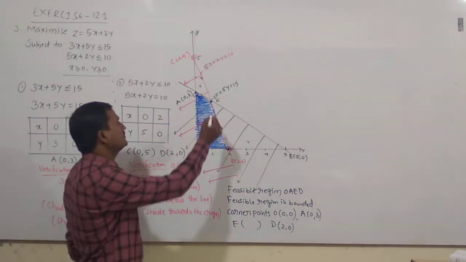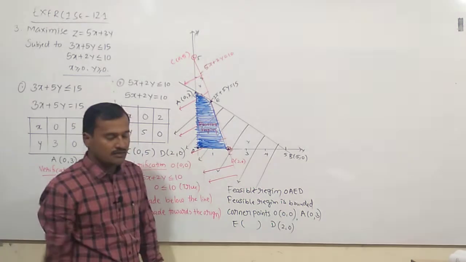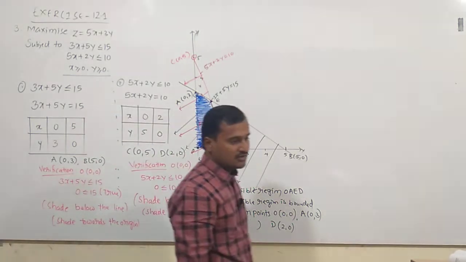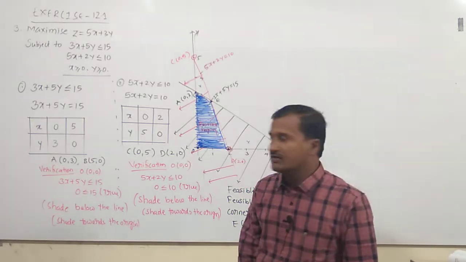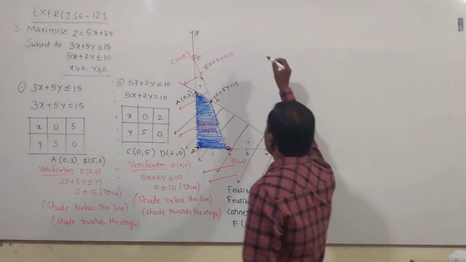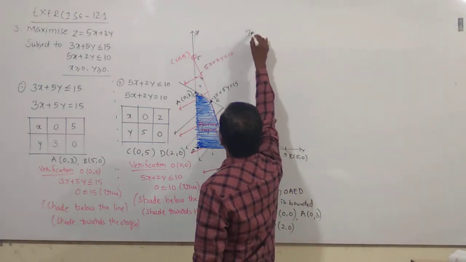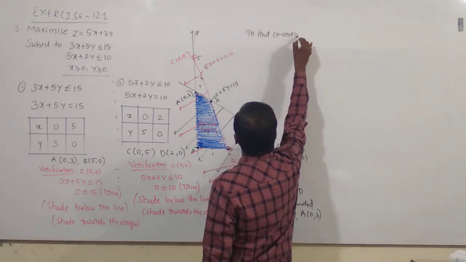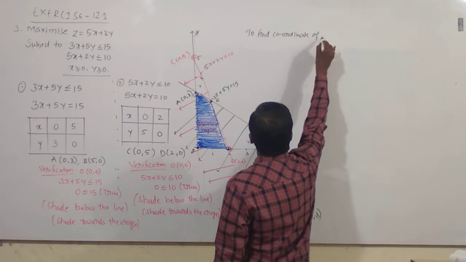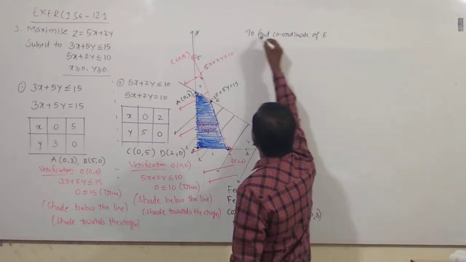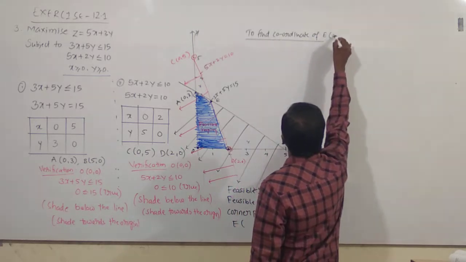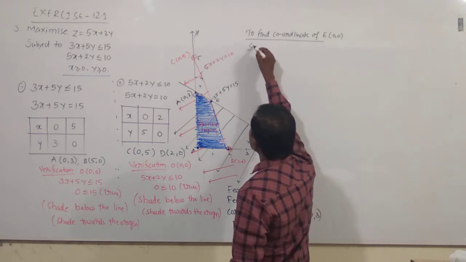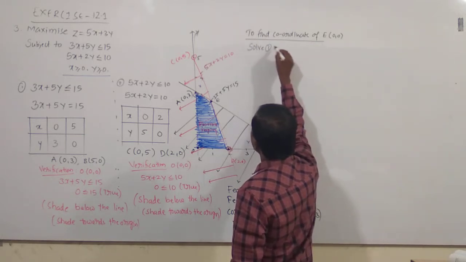Now we don't know the coordinate of E. To find the coordinate of E we have to solve both the equations. Okay, right. So here I will write, to find coordinate of E, solve 1 and 2.